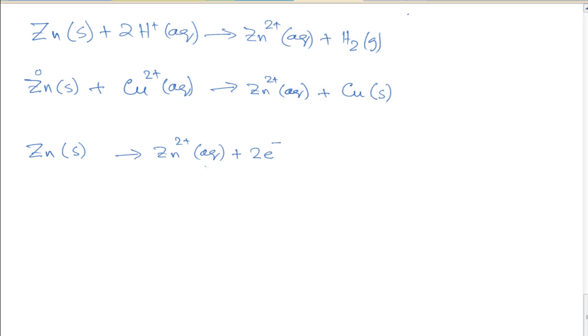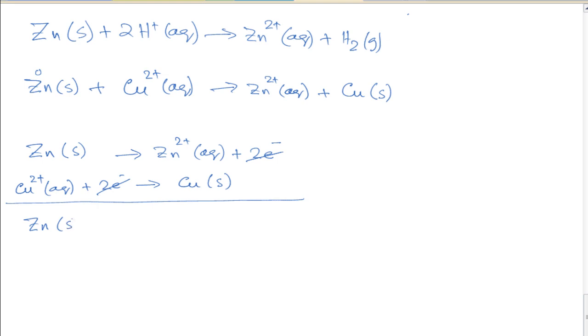On the other hand, the copper 2 plus must be gaining 2 electrons to become copper solid. So when you sum this up, you see the 2 electrons cancel, and then it becomes zinc solid plus copper 2 plus aqueous.